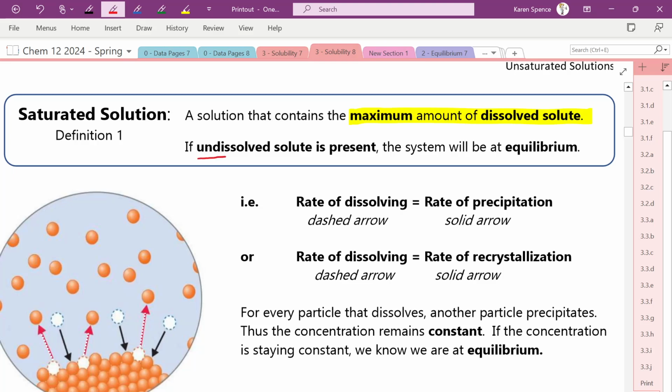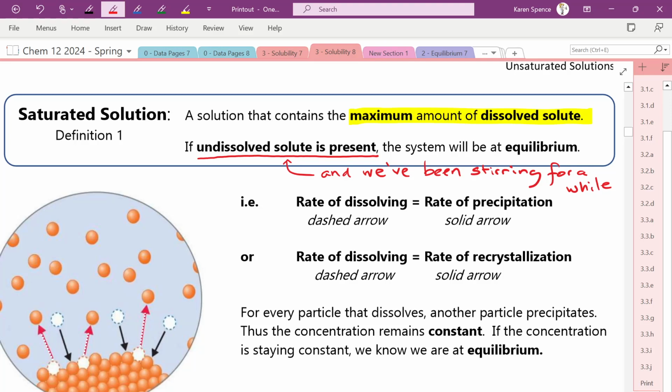If we have undissolved solute present, and we've been stirring for a while, so it's had enough time to dissolve, then the system is going to be at equilibrium.